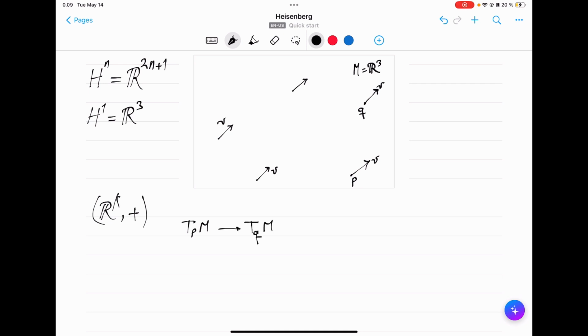So this will be the derivative function of f, where f is translation by, say, P minus Q, so that P maps to Q.